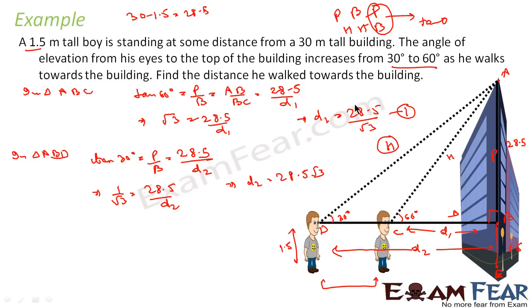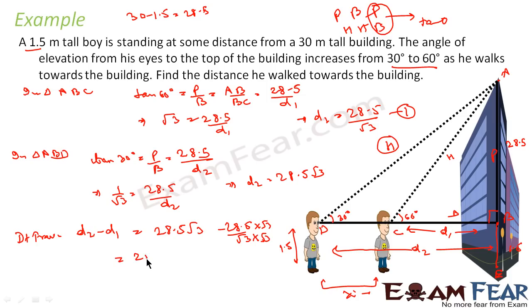This I can rationalize also. The total distance traveled is D2 minus D1, because this is the distance we are looking for. This is x, D2 minus D1, that is 28.5 root 3 minus 28.5 by root 3. Let's rationalize this, because we'll get root 3 in both cases.